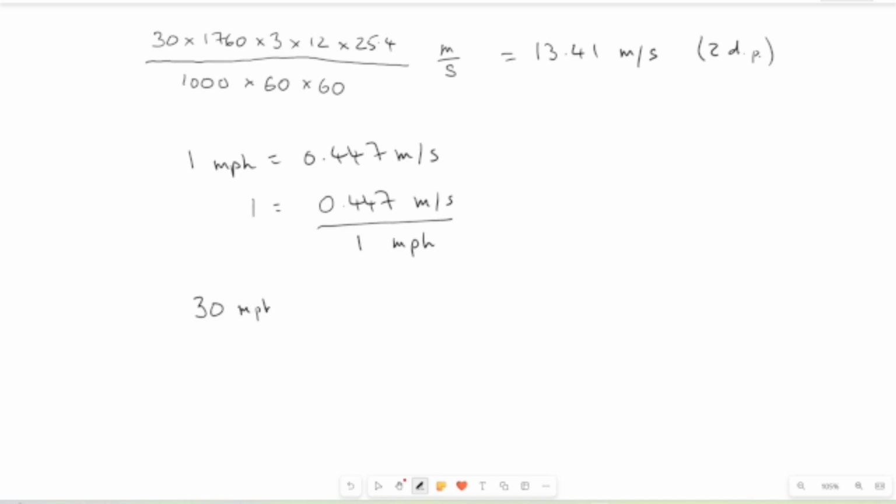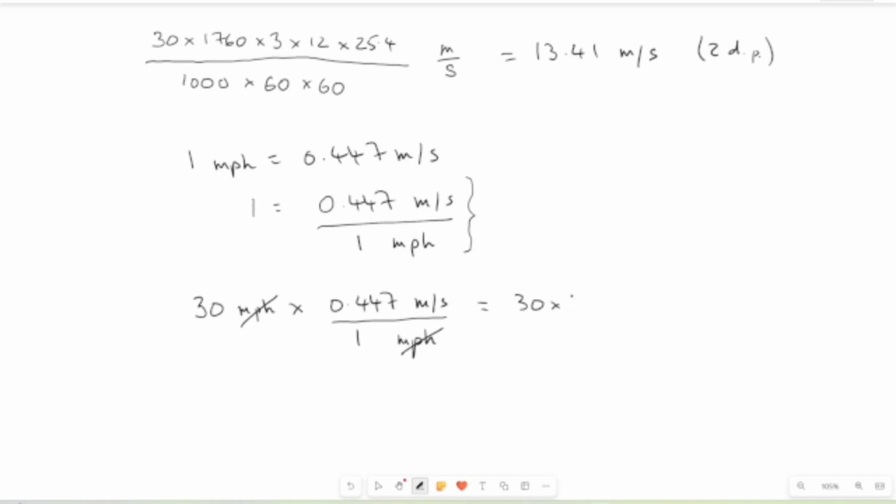30 miles per hour times 1, but I'm not going to write 1, I'm going to write this fraction here, 0.447 with the unit meters per second over 1 mile per hour. Then I can do the cancellation of the units, which leaves me meters per second.